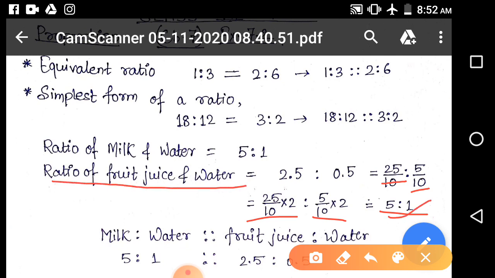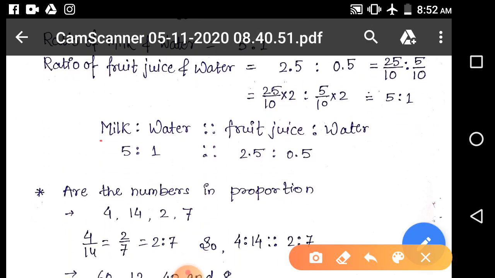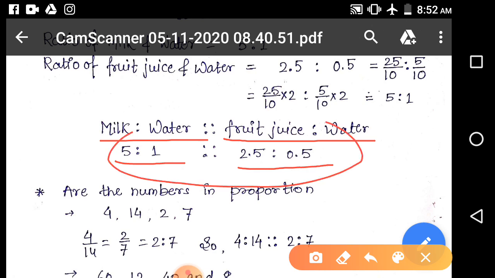The ratio of milk and water is also 5 is to 1, so those two are equal. That means the ratio of milk and water is equal to the ratio of fruit juice and water, that is 5 is to 1 is equal to 2.5 is to 0.5. So those ratios are said to be in proportion.